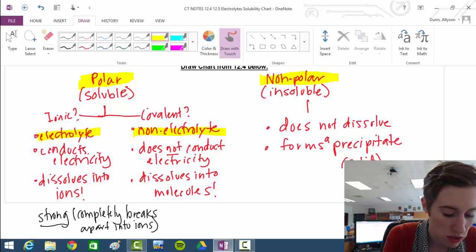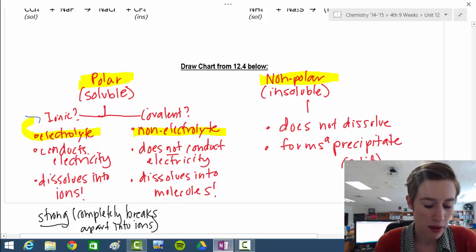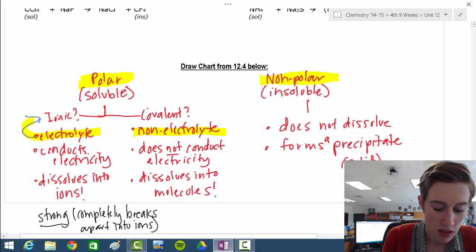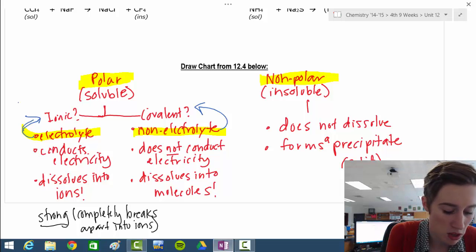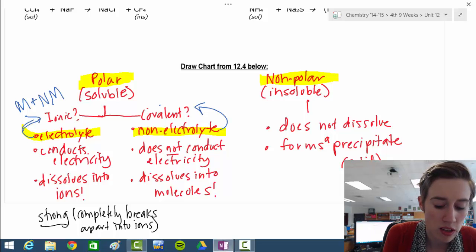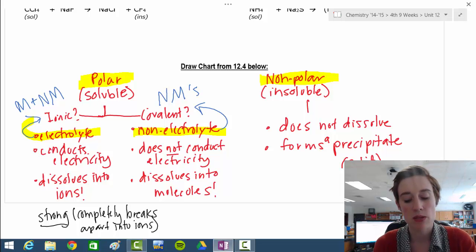Well, all electrolytes are ionic compounds. Non-electrolytes are going to be covalent compounds. Just a review, ionic compounds are made of a metal with nonmetals, and covalent compounds are made of only nonmetals. So if the compound's made of nonmetals, it's a non-electrolyte. If a compound's made of metal and nonmetals, it's an electrolyte.